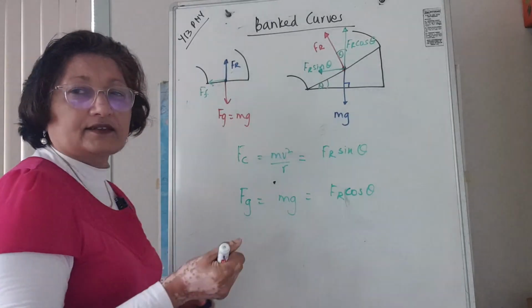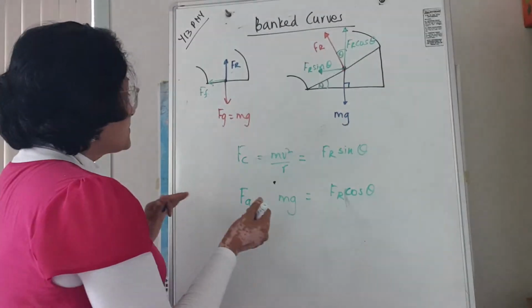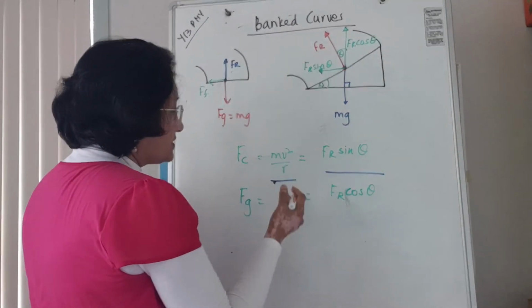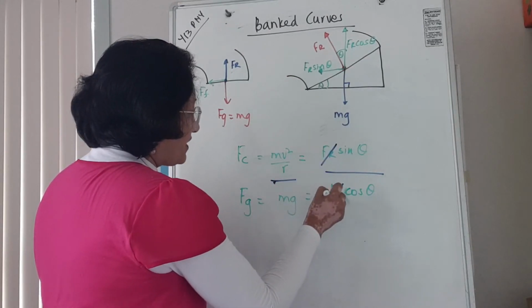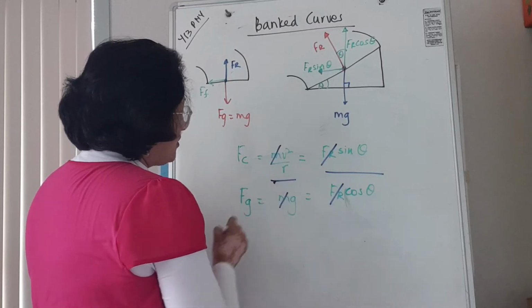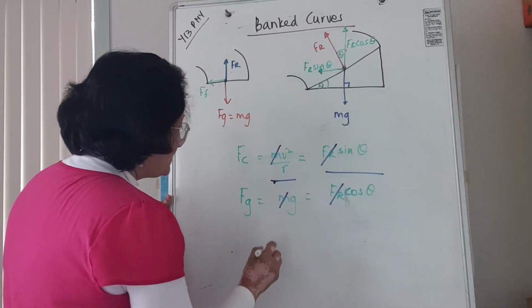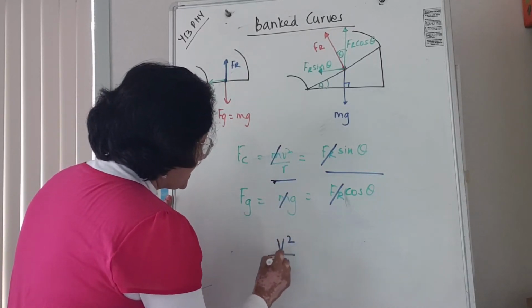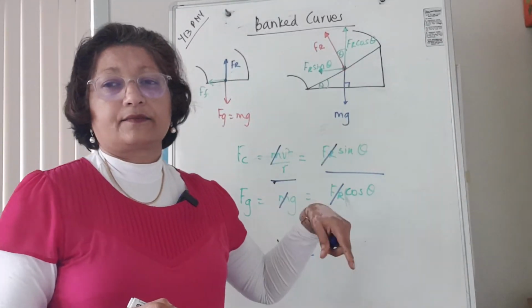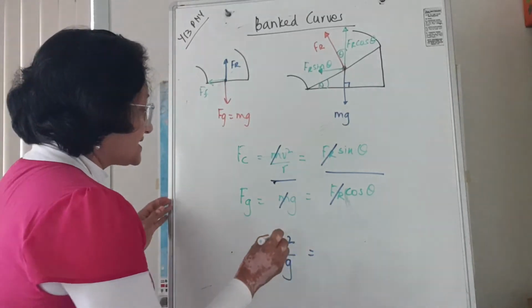Okay, this is just some fun with numbers and fun with maths. What happens if you divide one thing by the other? So if you look at this, I can take the Fr out, divide both sides by Fr, and m is also a common factor. So what do I have left? I've got v squared over rg equals, if you divide sine theta by cos theta, you get tan theta.